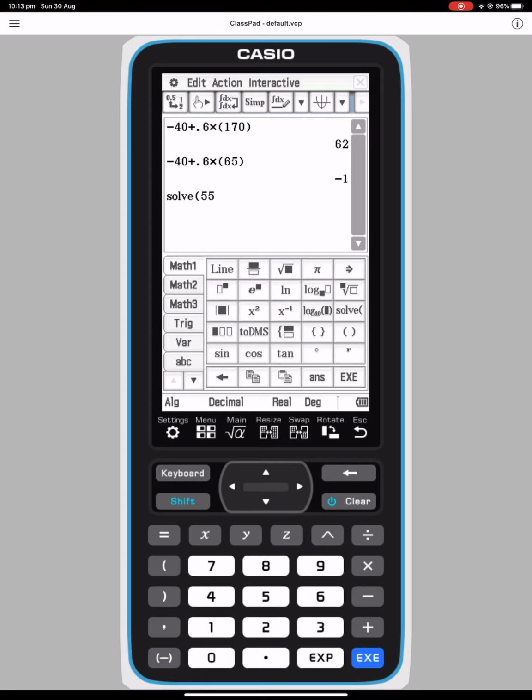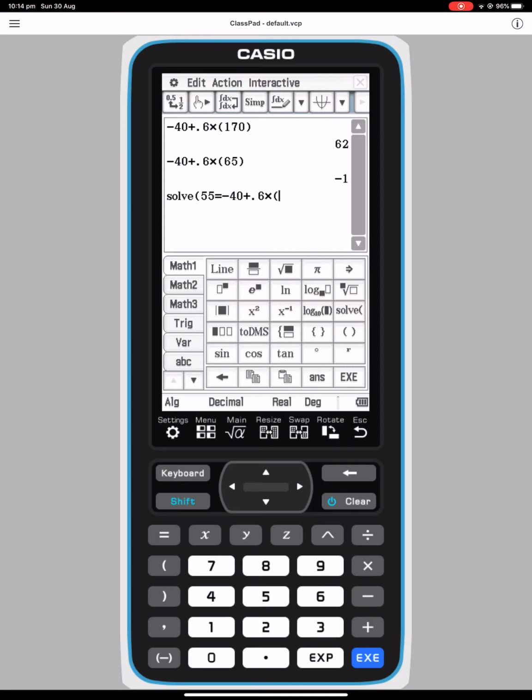So we know the weight was 55, and then the equation said negative 40 plus 0.6 times. Now I didn't have the height here. So big tip, whatever you're solving for, if you're using the solve function, whatever the variable is that you're solving for, just let it equal x, because your calculator's programmed to find x, and then you don't have to let it know what variable you're finding, because that gets really old and we don't have time for that.